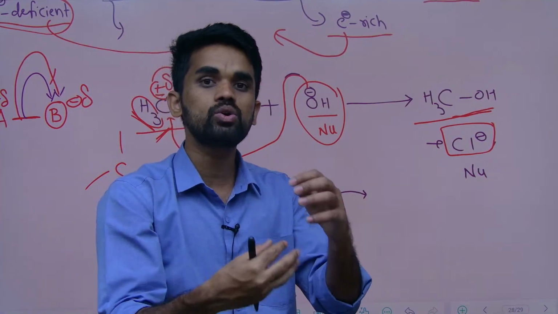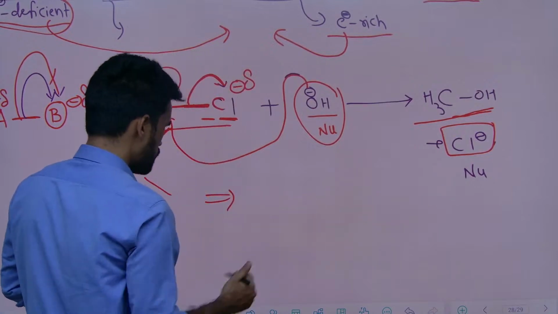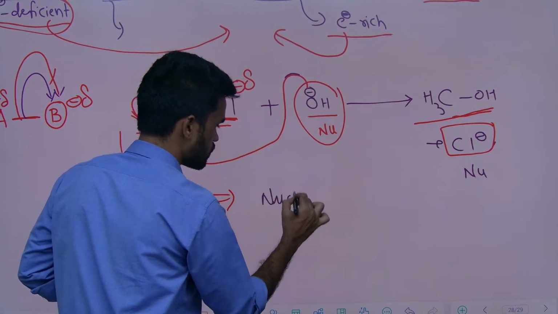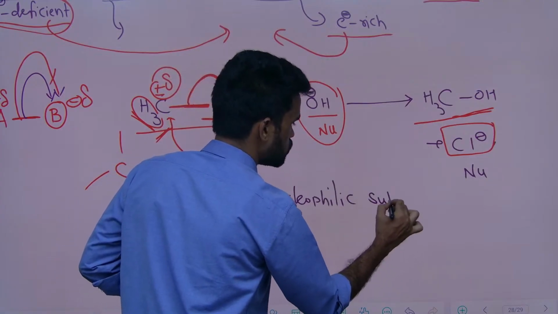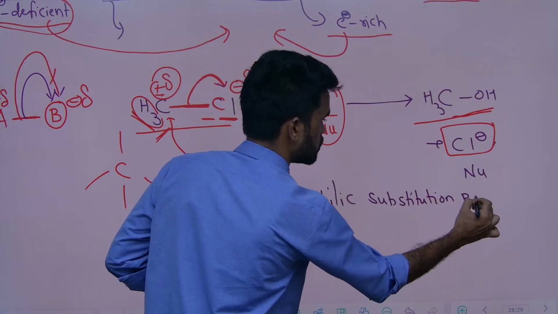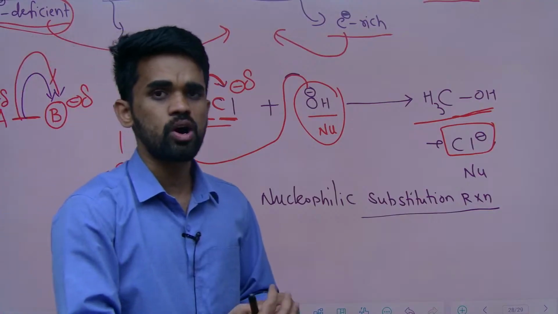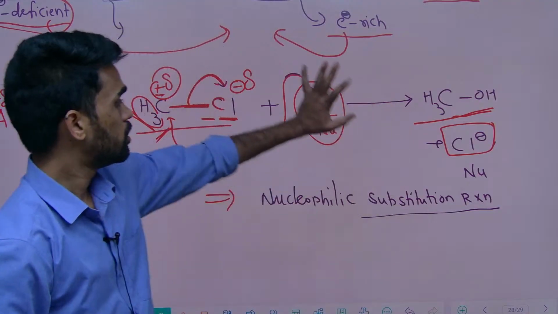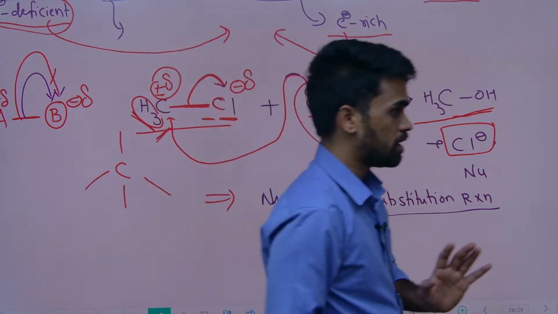What is the name of this reaction? Nucleophilic substitution reaction. It has further classification like SN1, SN2, all this we will discuss, but whatever we discussed here is clear right now. Let's move forward then.